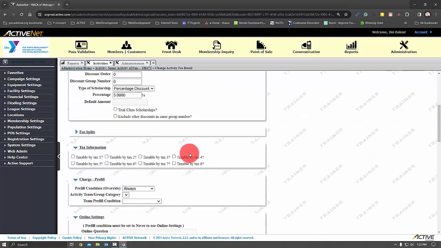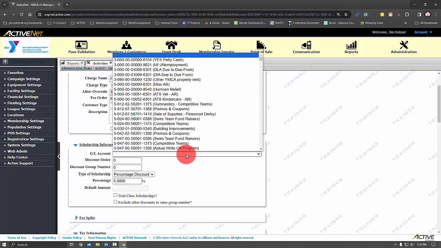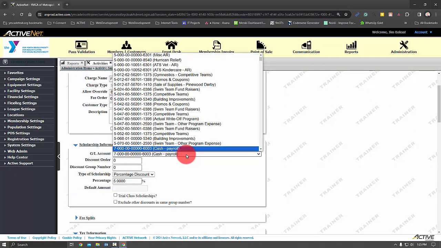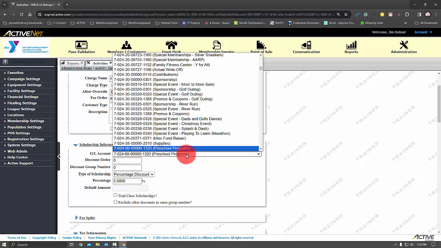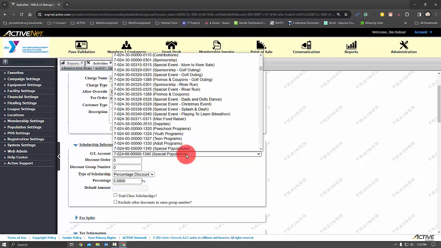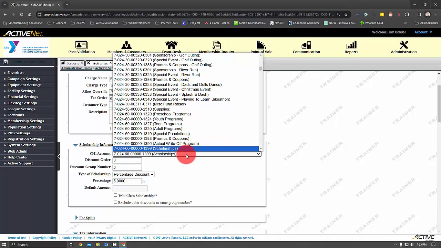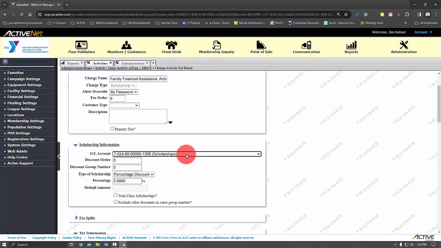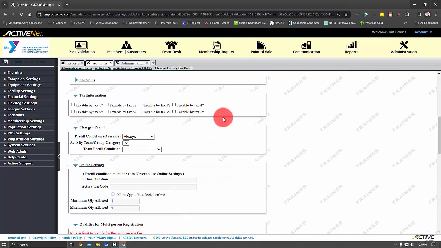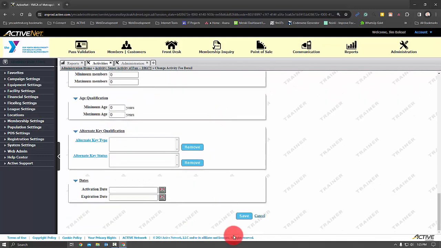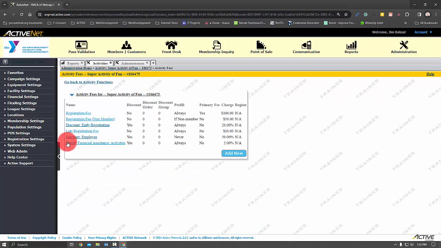There's that one. We would go 7024 60, and that's going to be $13.99. And we'll put fee order on that one as 11. We'll leave by password because sometimes we do have to force that based on the way that the scholarship is created. So we have our financial assistance activities.